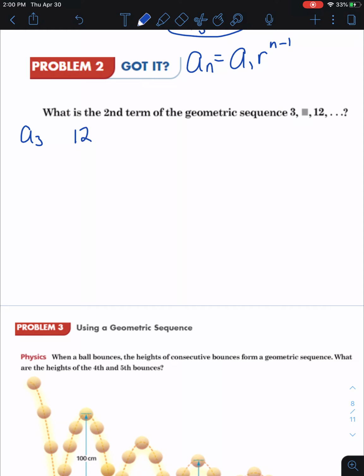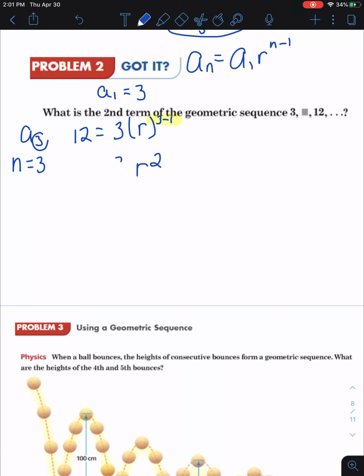So we'll say 12 equals, first term is 3, a sub 1 was 3, okay? And 12 equals 3 times r to the n minus 1. Since we're looking at the third term, this would be 3 minus 1, okay, a sub 3. So n is 3. All right, and then 3 minus 1 is 2.